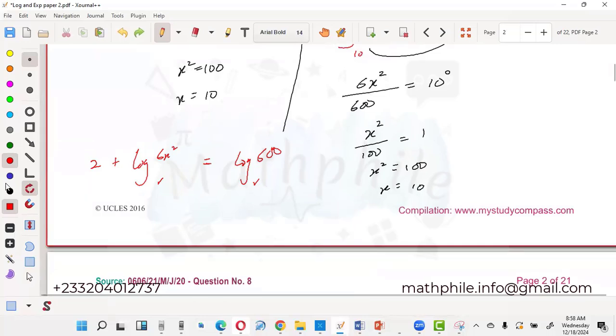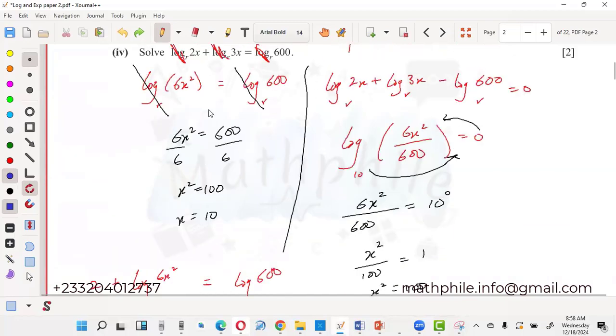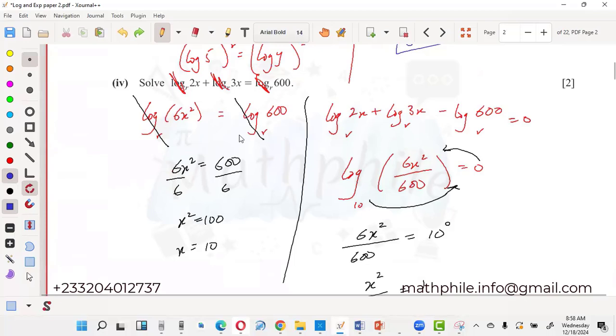It comes with something. So if you cancel out this one and this one, it's going to be wrong. With this one, you either have to change the 2 into a log, then simplify before you cancel out. So this is the main reason why I don't like this method: if you don't take care, you can do the wrong thing easily.